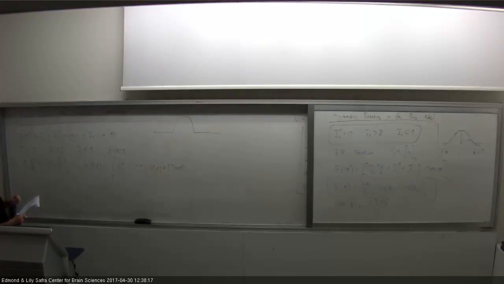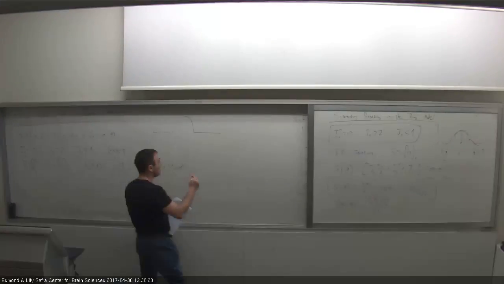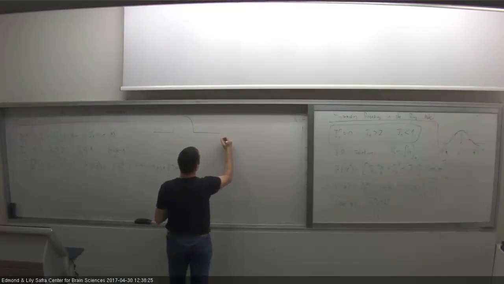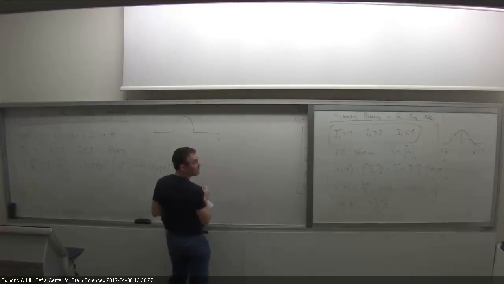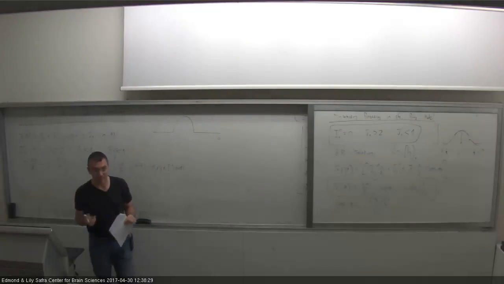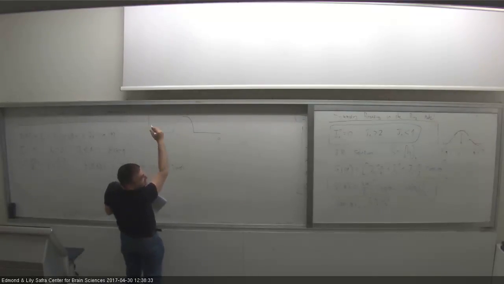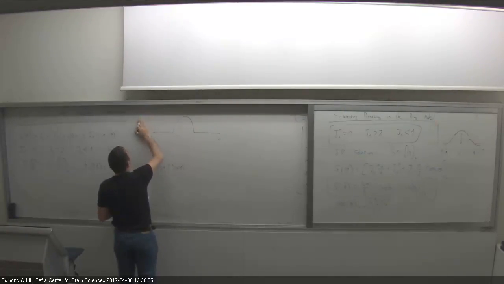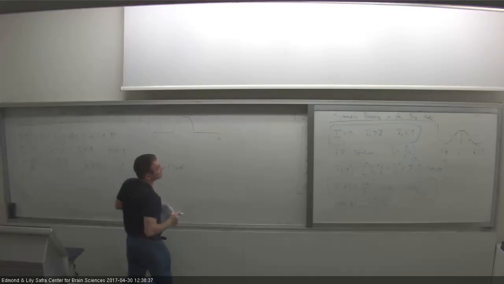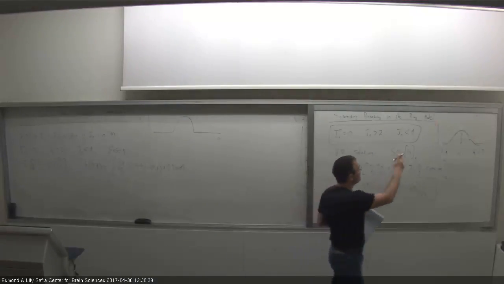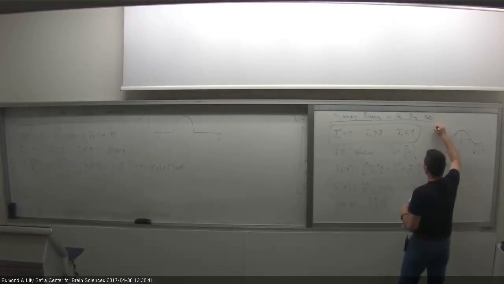Well, this would be theta. This would be a neuron number, theta. And this would be activity, S. This should have been S, right?